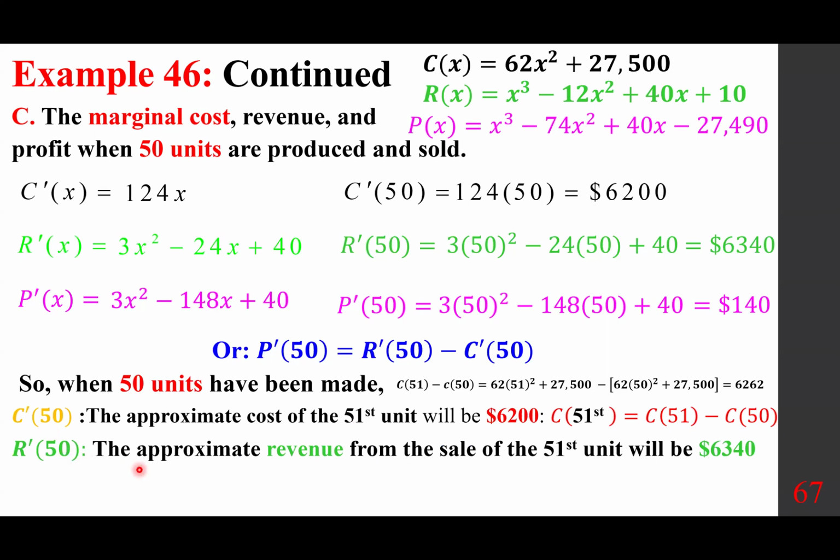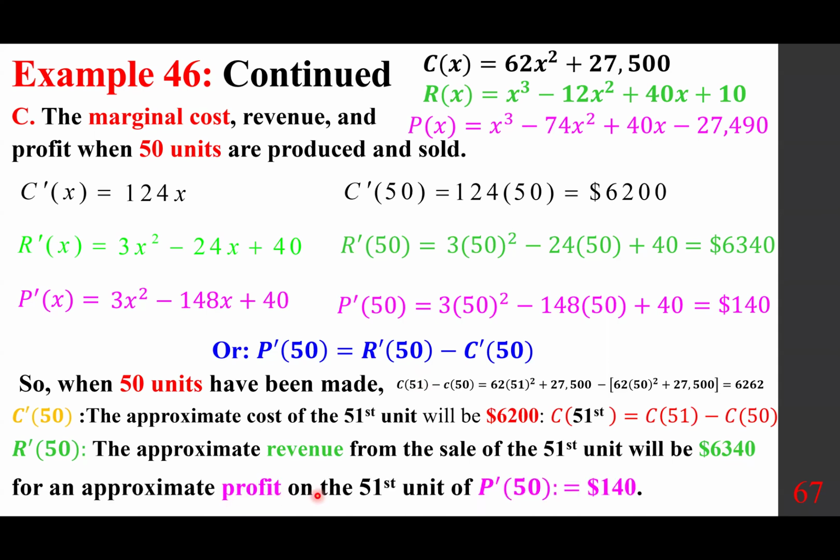R prime of 50, the approximate revenue from the sale of the 51st unit will be about this much. Now, if you want the exact revenue, it's R of 51 minus R of 50 as we did with the cost.